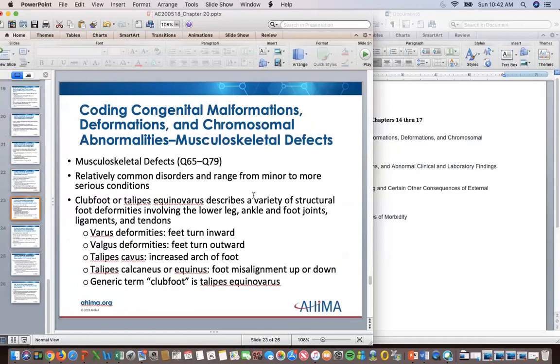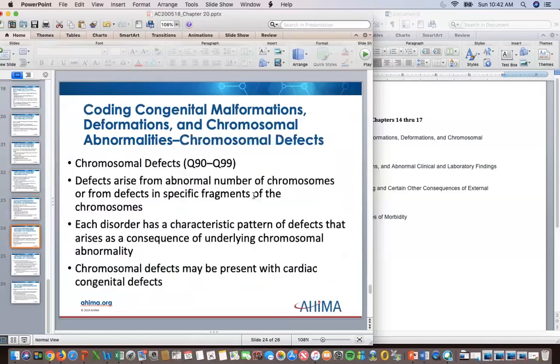The next category we're looking at is the musculoskeletal defects, Q65 to Q79. Relatively common disorders and range from more serious again. Then we get into club foot, also deformities of the foot will fall underneath that. So the last, your Q90 to Q99, are chromosomal defects.